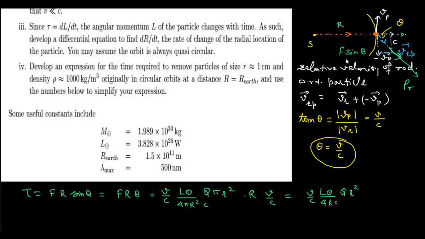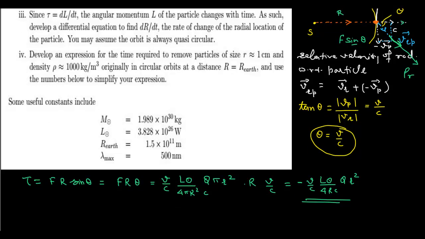This means this is basically anti-torque, which is trying to decrease the speed of the particle, so we will put a negative sign here. So this is the answer to our second part, in which we have to calculate the torque that is acting on the particle due to radiation pressure.